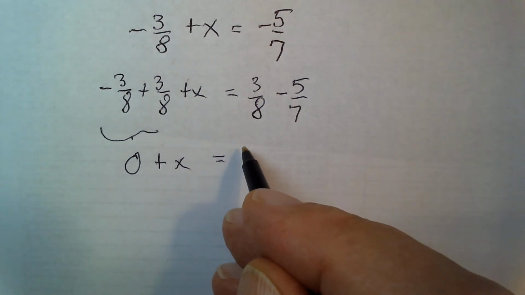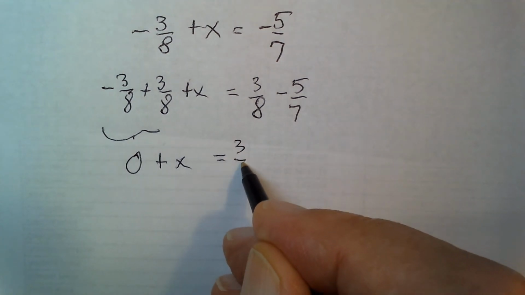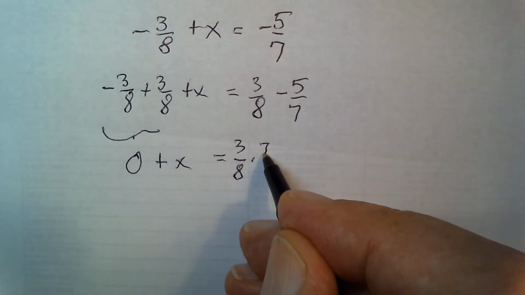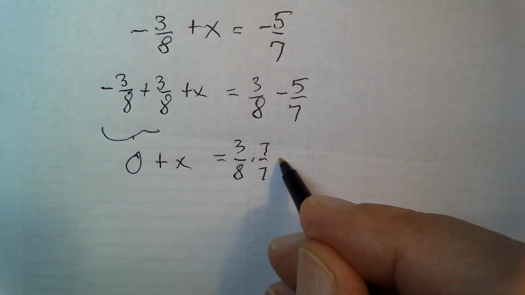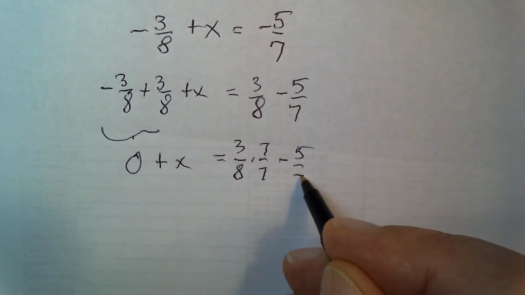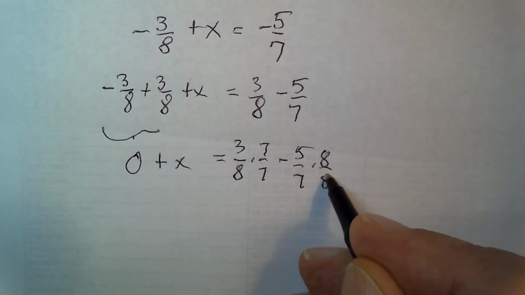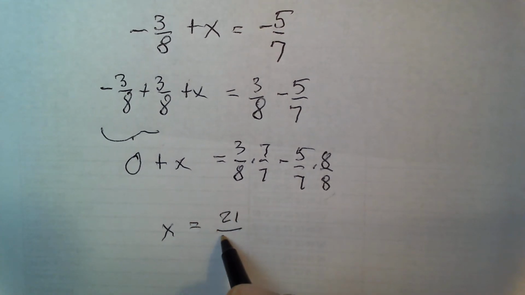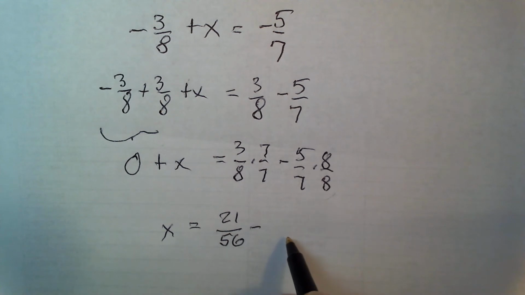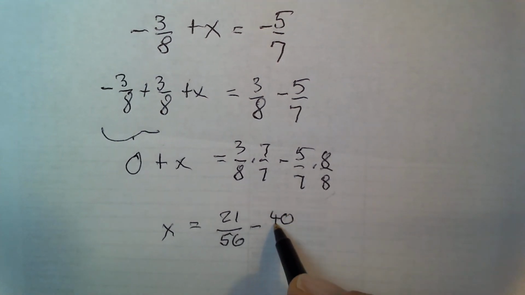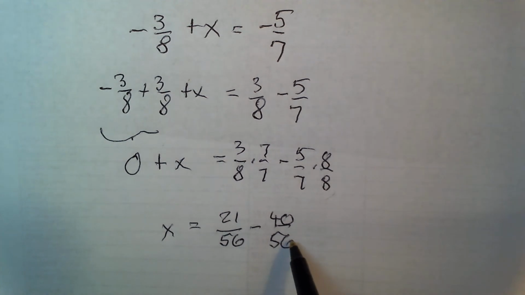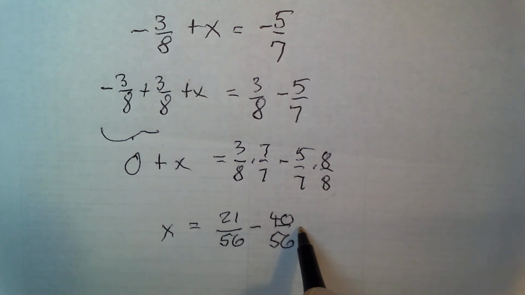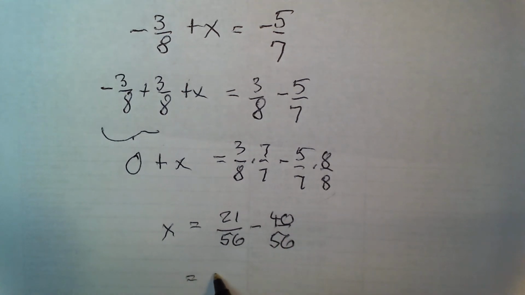So the least common denominator is 56, so we need to multiply 3/8 times 7 divided by 7, and the minus 5/7 we have to multiply by 8 divided by 8, so we have 56 in the denominator. So then x equals 21 divided by 56 minus 40 divided by 56, which is equal to minus 19 divided by 56.